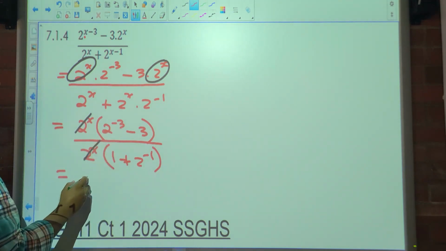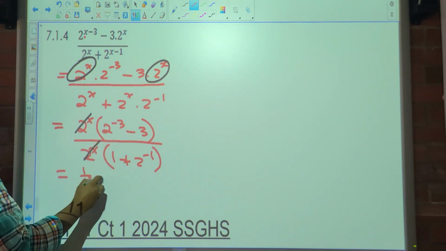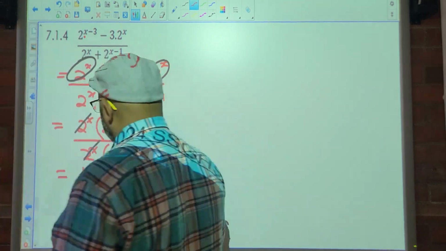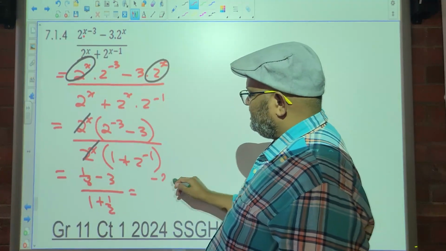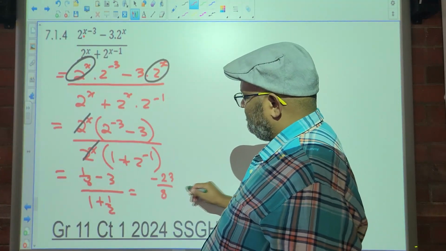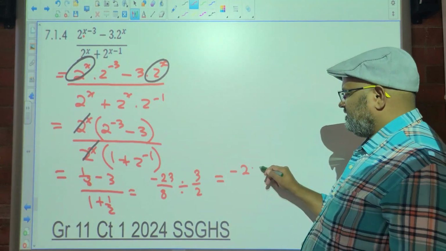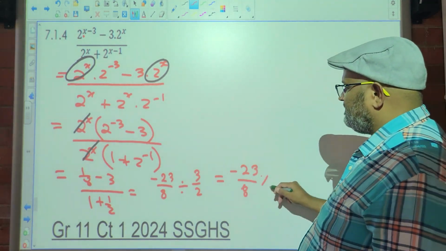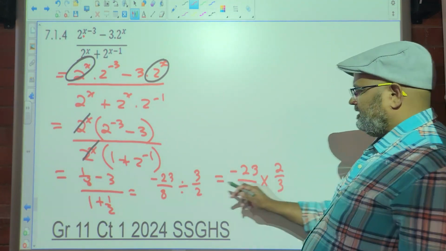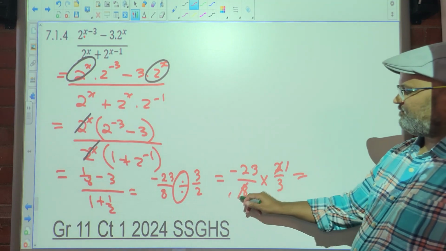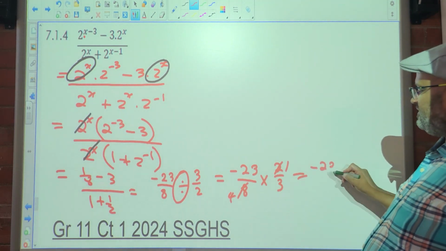So 2 to the minus 3 is 1 over 8, minus 3, over 1 plus half. So it's negative 23 over 8, must be divided by 3 over 2. Negative 23 over 8 must be multiplied by 2 over 3. I tumble then times there. 2 going into 2 once, 2 going into 8 4 times. So it's negative 23 over 12.